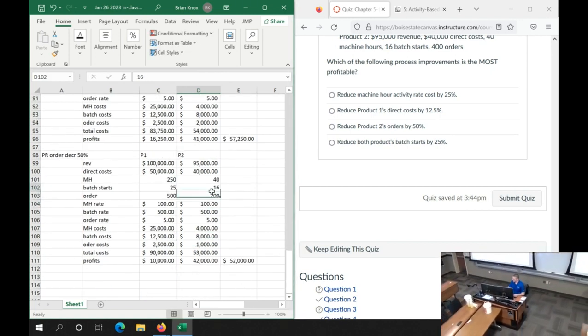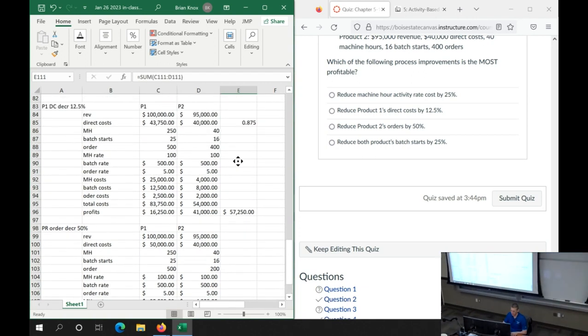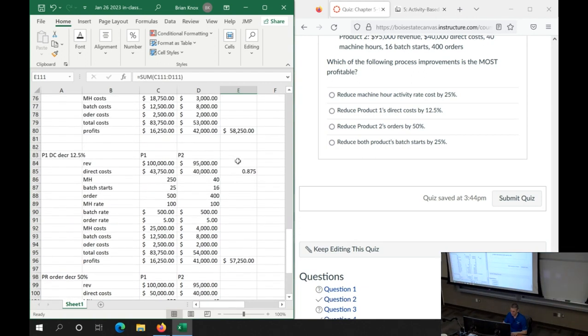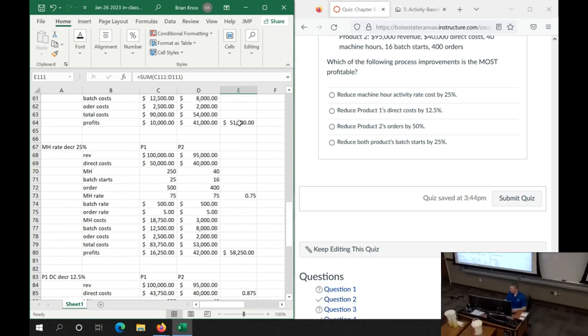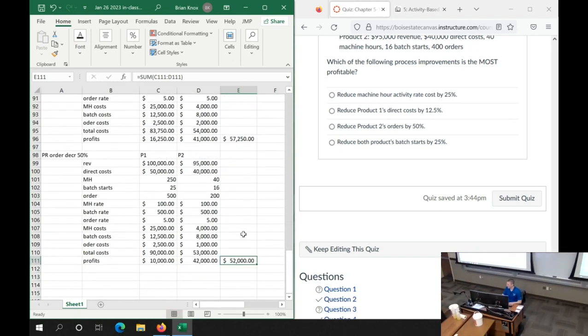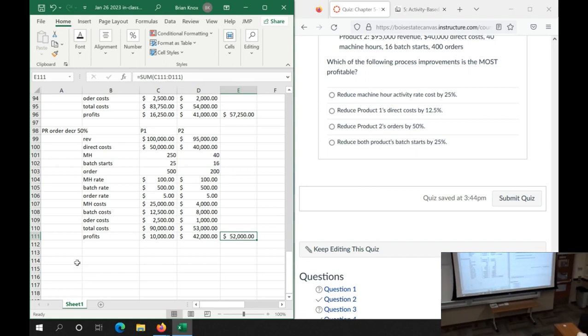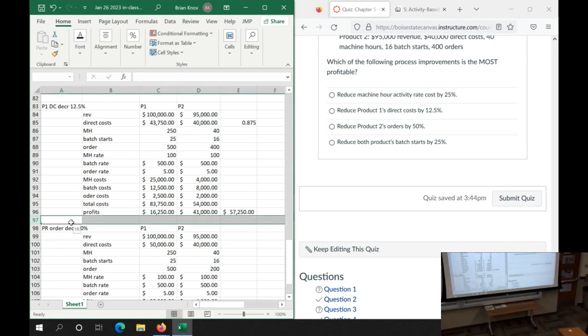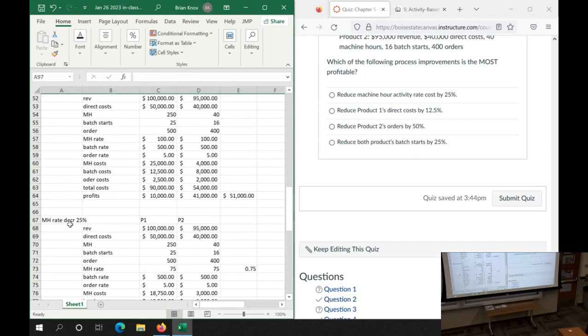Oh, that's a big number, but that 50% decrease is only decreasing us by $5 per order. So it only went up from 51,000 up here to 52,000. That's not a very good improvement, right? That wasn't meant to be a test. That's obvious, right?